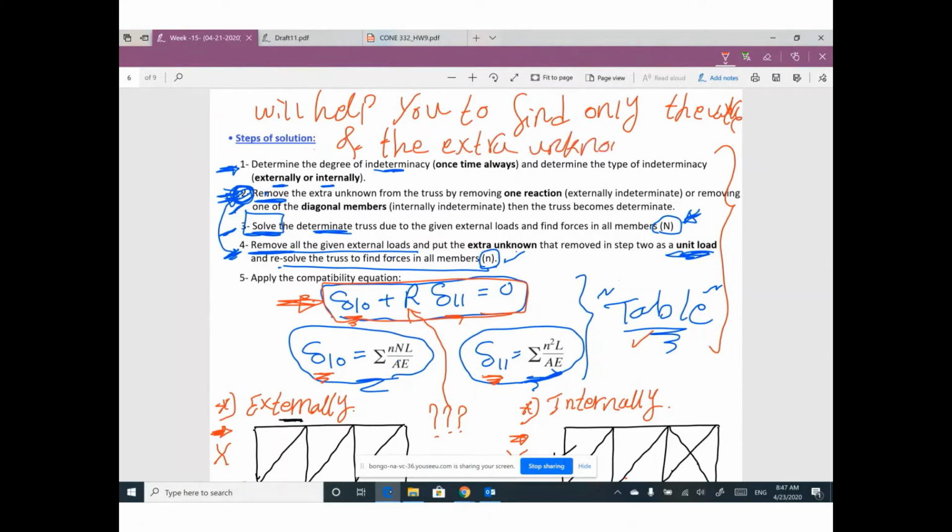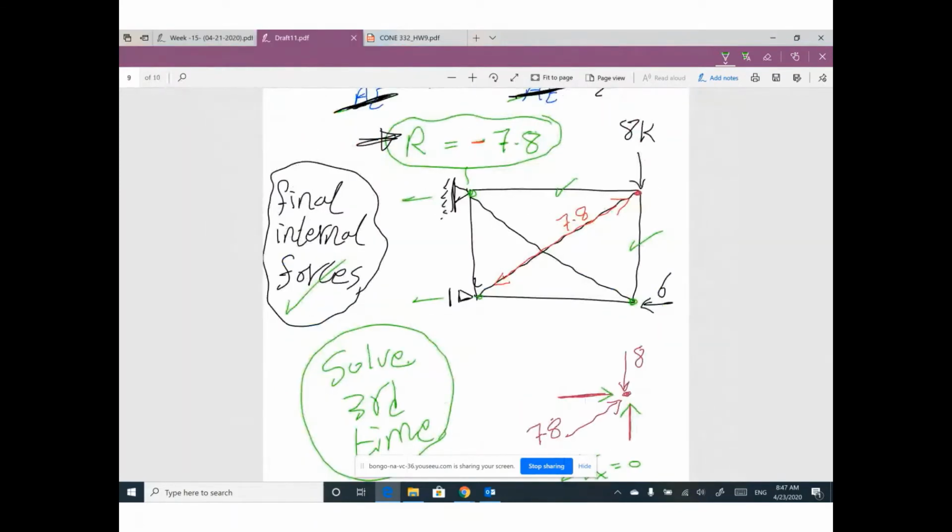Only the value of the extra unknown. Once you get the value of the extra unknown, your structure or your truss became determinate. Go back to chapter 3 and resolve this truss a third time.